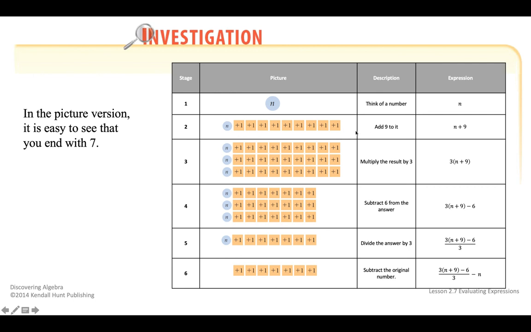I want to point out that here we add 9, and we never see it subtracting 9. And that's because we're not fully undoing that. But the subtracting the original number here that's occurring is undoing the fact that we picked it in the first place. Okay.